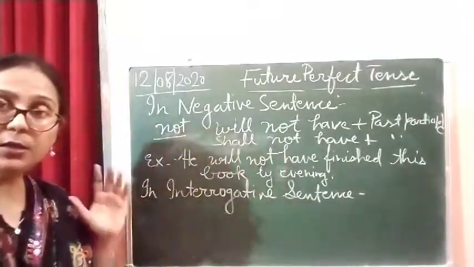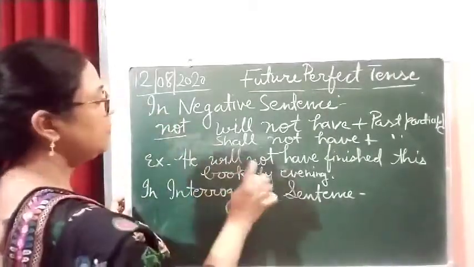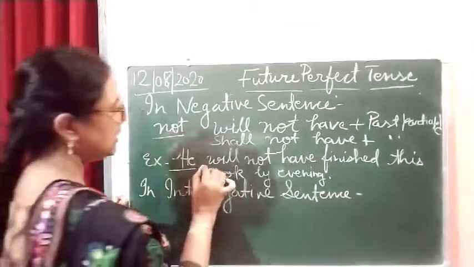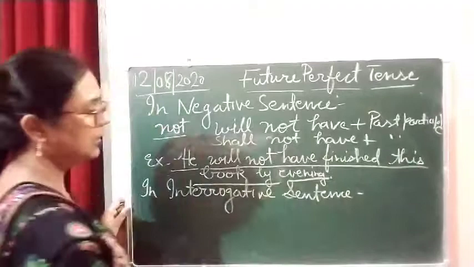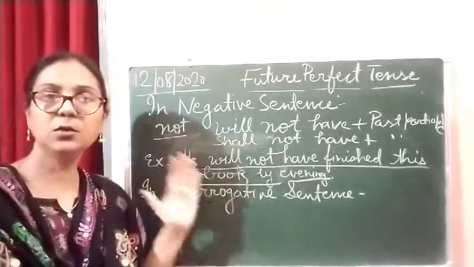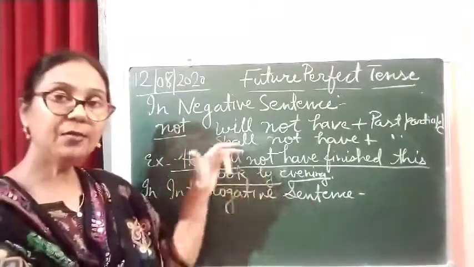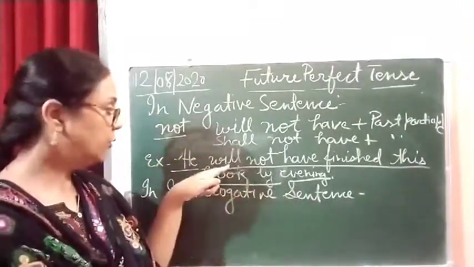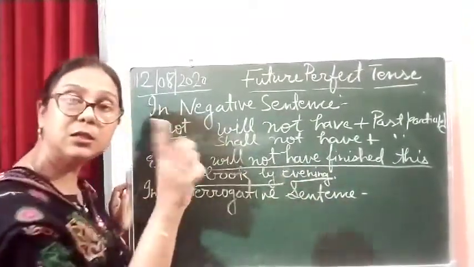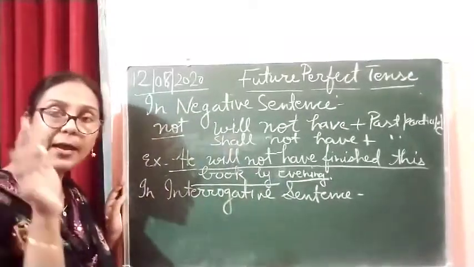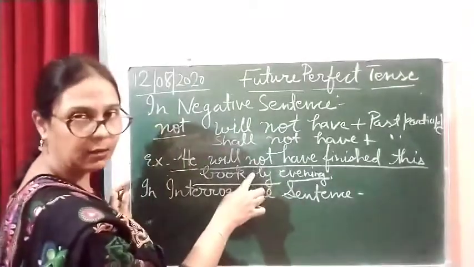How are we going to write this negative sentence in future perfect tense? He will not have finished. If you can see over here, I have written one example which shows how and where we are supposed to use not. Here, he will not. I have not placed not after have; I have placed it in between. So always keep in mind that we should use not in between.